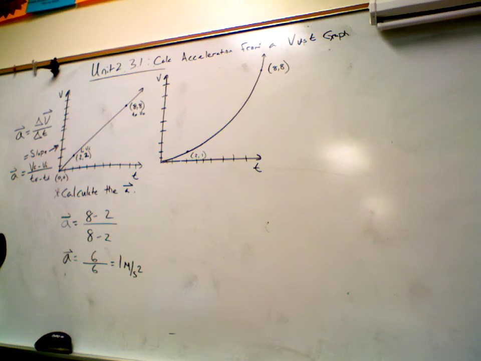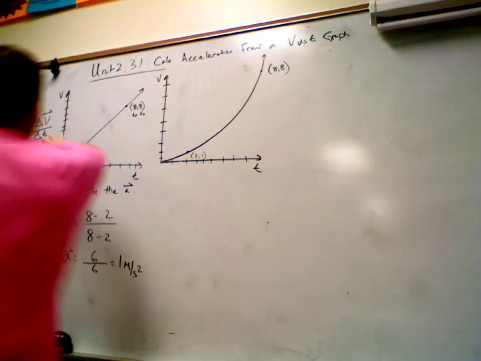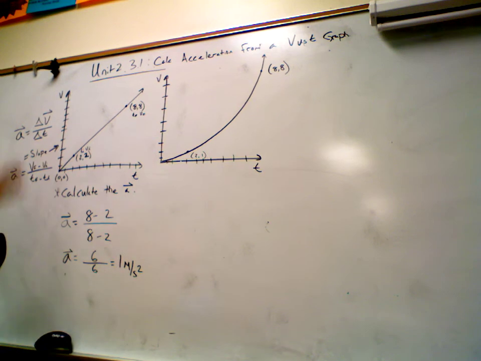Now, on that graph, that 1 meter per second squared, is that the average acceleration or the instantaneous? Both. Okay? Since this acceleration is constant, the average acceleration equals the instantaneous, right?